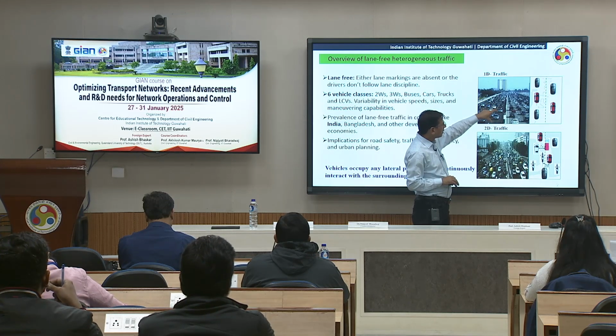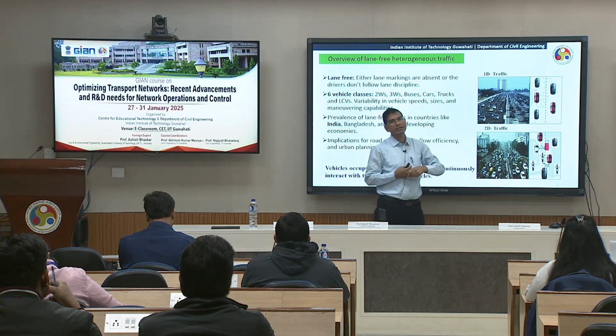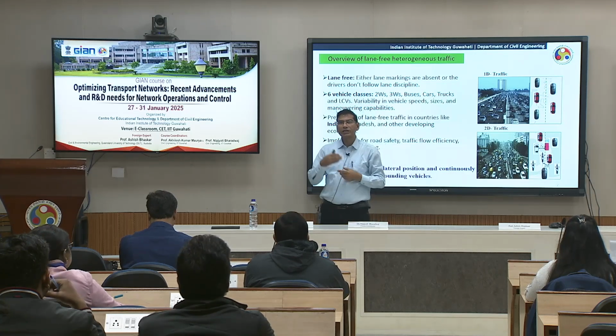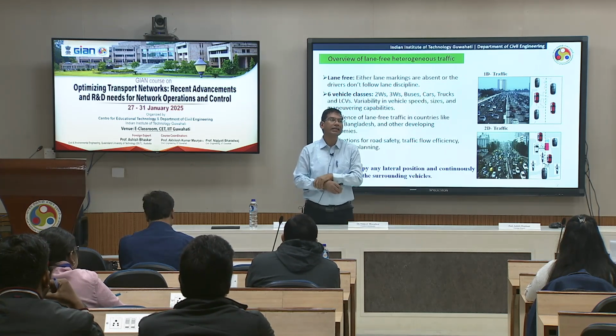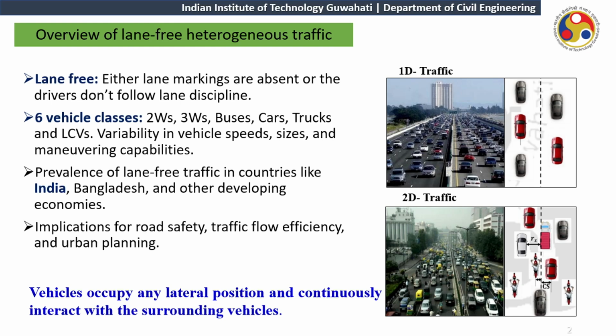While driving in these kinds of scenarios, most of the time you interact with your next leading vehicle, not frequently with the side of the vehicle. You don't bother about the side of the vehicle unless you are willing to change the lane. So once you are only looking in the forward direction, we call it one-D kind of interaction, in the longitudinal direction.